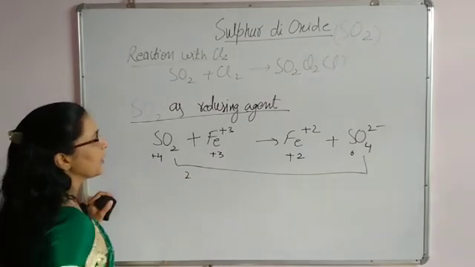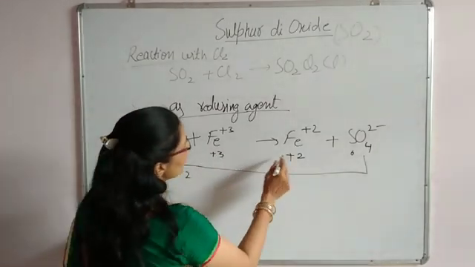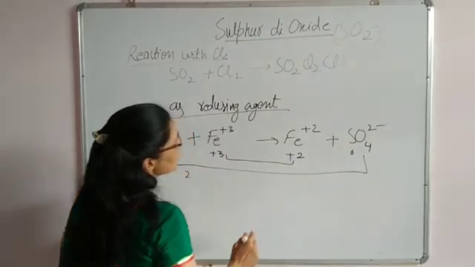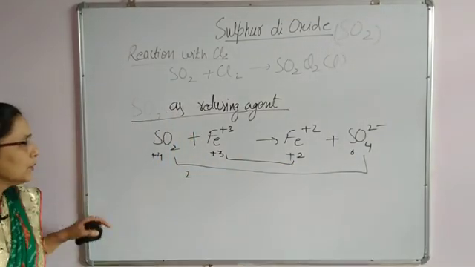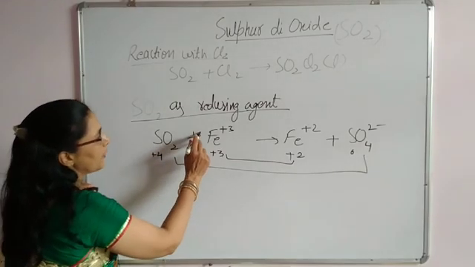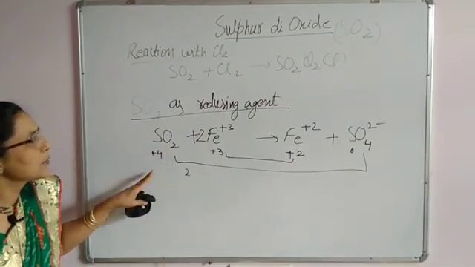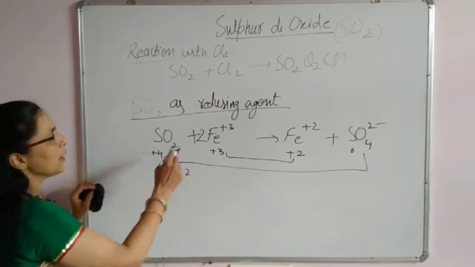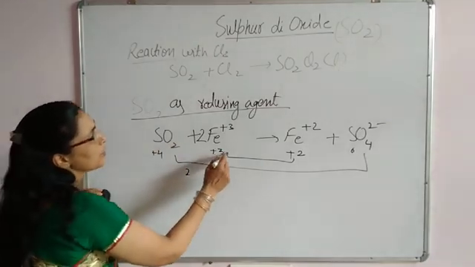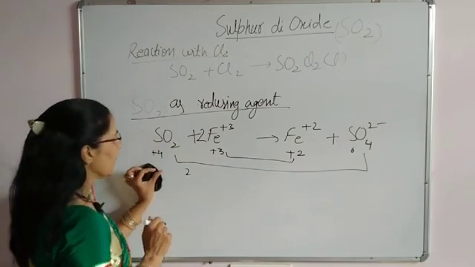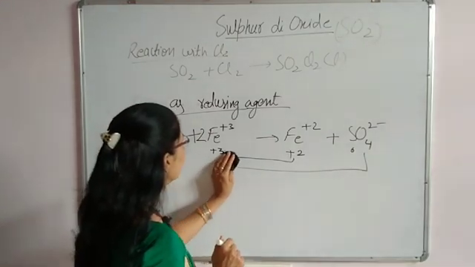So 2 will come here, and from 3 to 2 there is the change in oxidation number by 1. So this 2 is the multiplying factor. Cross multiplication: the change in oxidation number of sulfur dioxide will be multiplied here, and 3 to 2 you will put here. Okay. Now let us proceed.